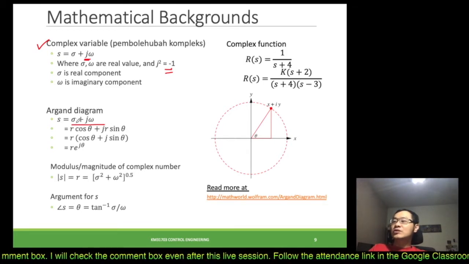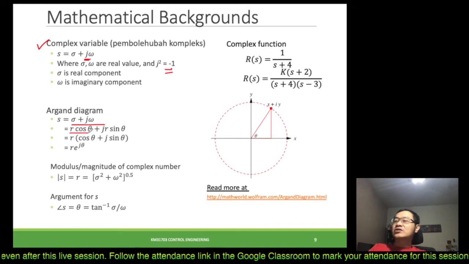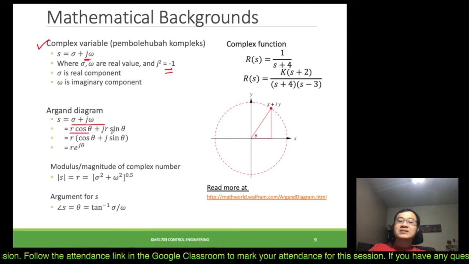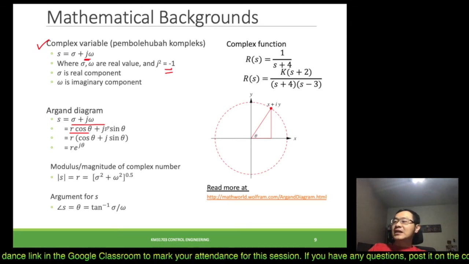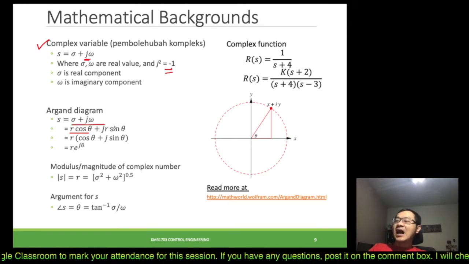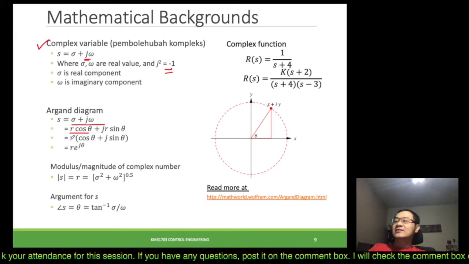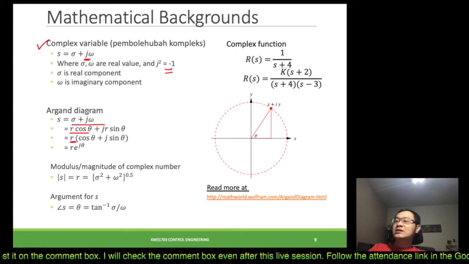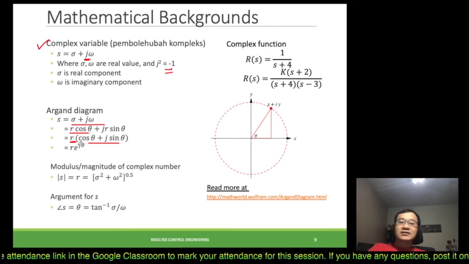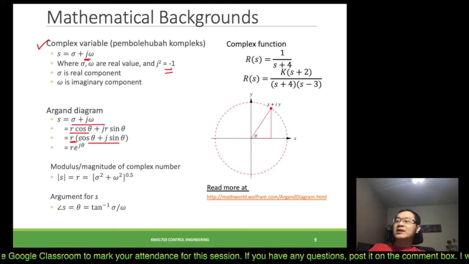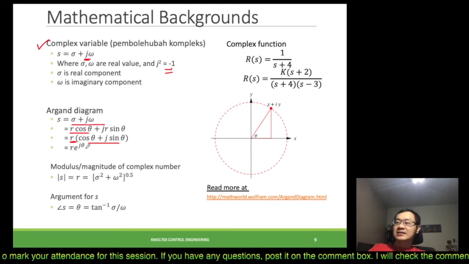So you would have this represented by r cos theta plus the imaginary part as r sine theta, right? Both of them have a common radius, and when we further simplify, this equals r multiplied by the exponent of j theta, right?